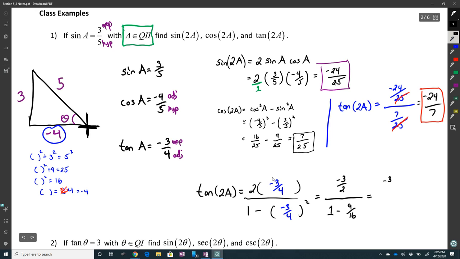Let me crank through it. This is 16/16, 16 minus 9 is 7, so this ends up with 7/16.